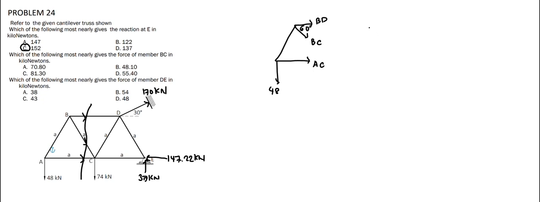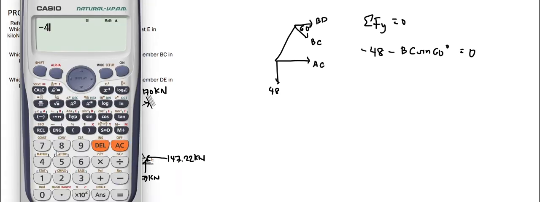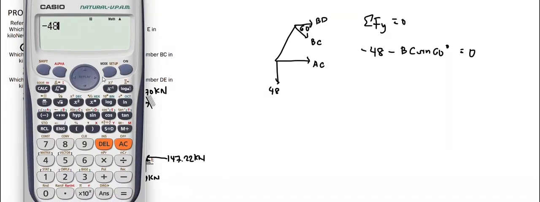So to solve for BC, we take summation force of vertical equal to 0. So we have negative 48 minus BC sine of 60 degrees equal to 0. Now we can solve for BC by using our calculator. Shift solve, we get negative 55.43 kilonewtons.